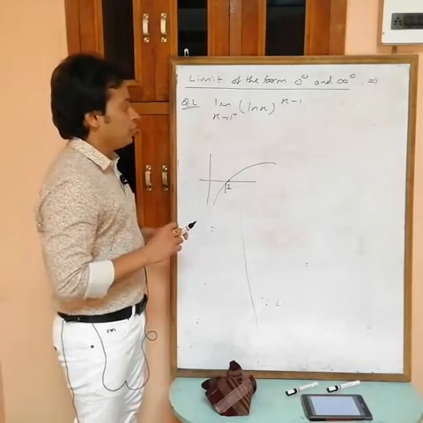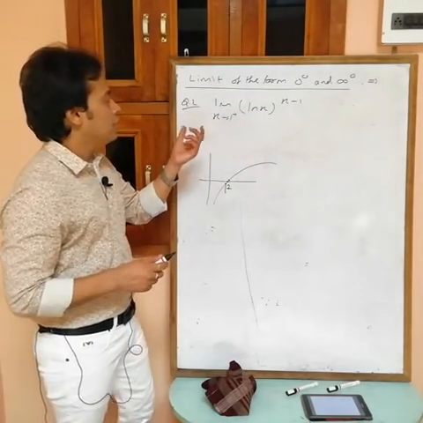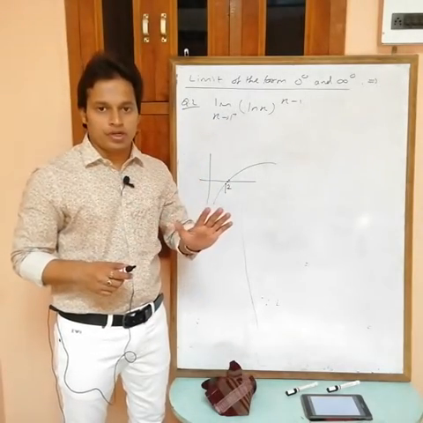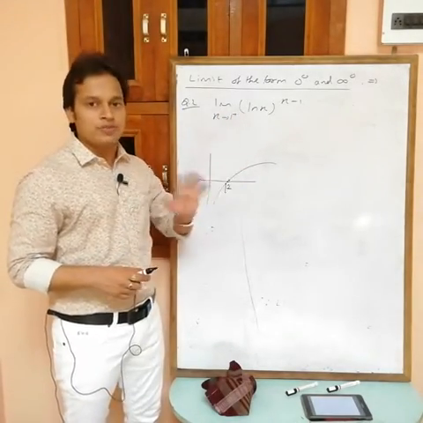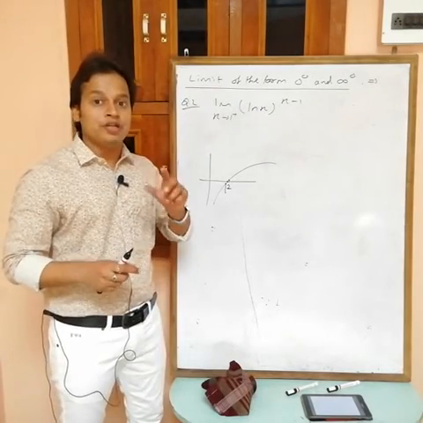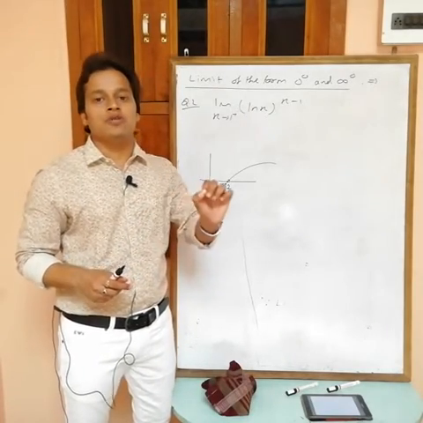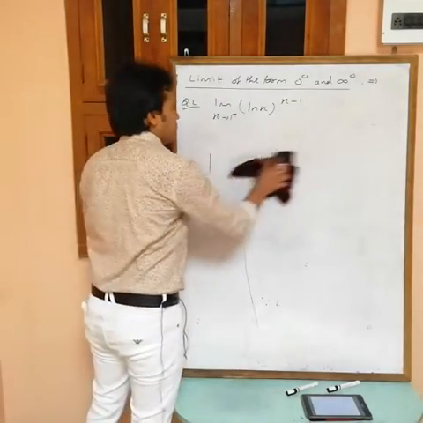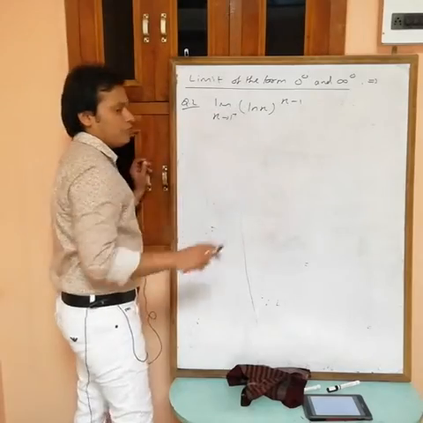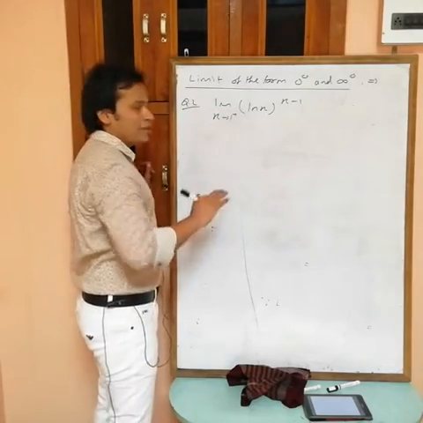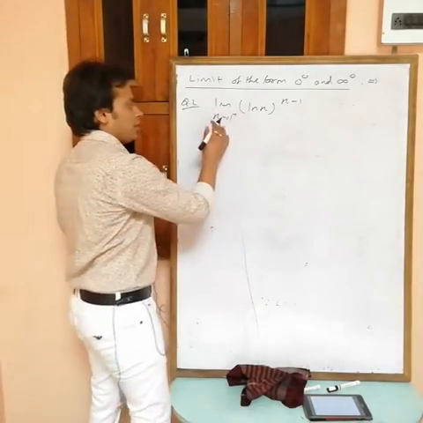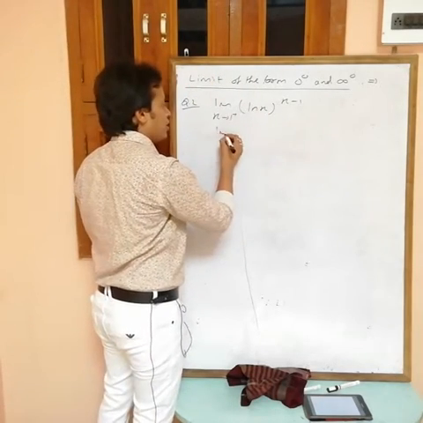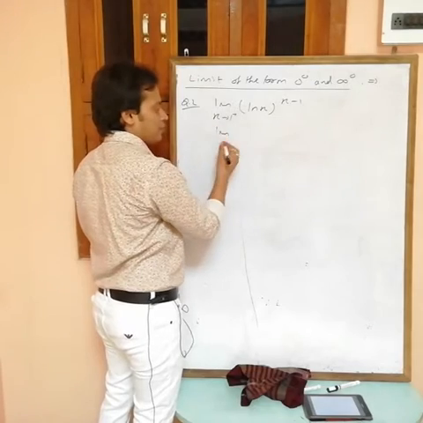If you want to say whether the limit exists or not at x equals 1, it does not exist. Only RHL exists, but the limit does not exist, because the limit exists only if LHL equals RHL equals finite. But here you want it at 1 plus, so this is positive, no problem. Can I use substitution also? x tending to 1 plus, so I am putting x equals 1 plus h.